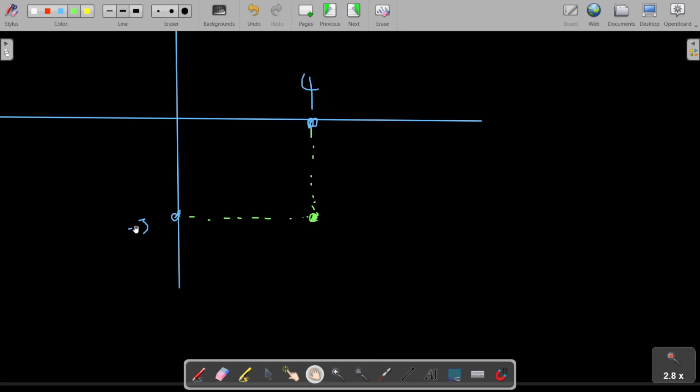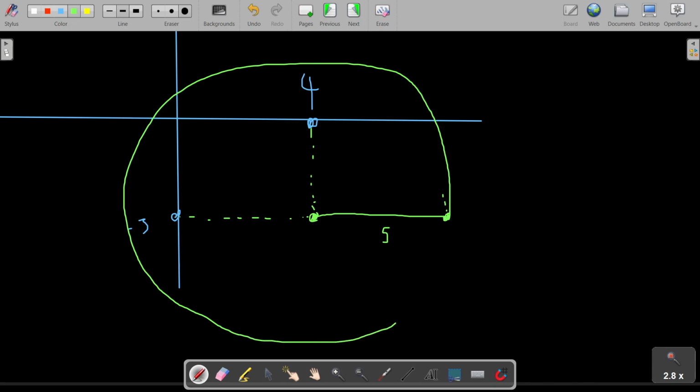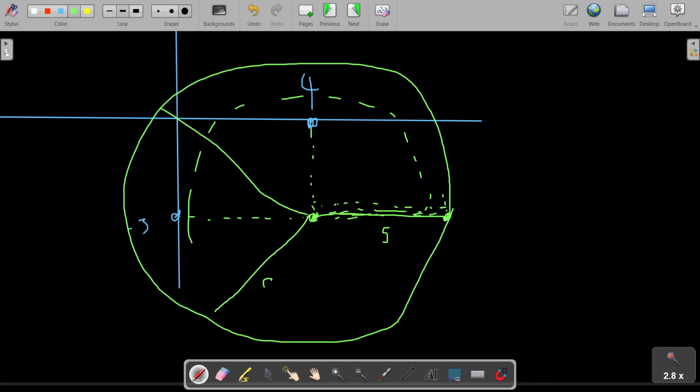Let's say I take any point at a distance of 5 units. In the radius of this distance, we need to find the locus of these points. Then this can form all these points. This is also a distance of 5. These are all at a distance of 5 from this point.